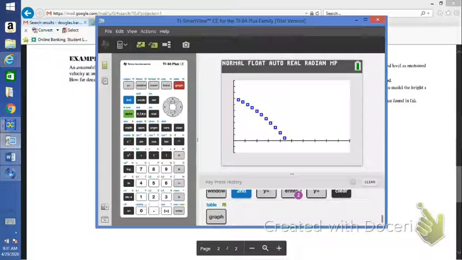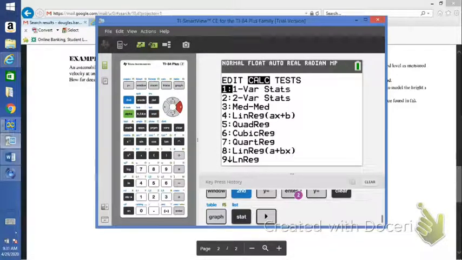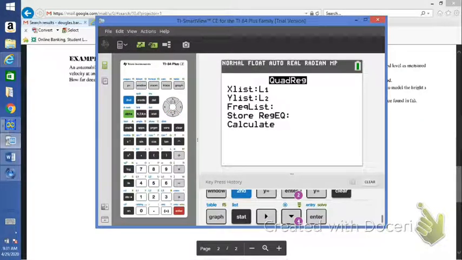So to do that, you're going to hit Stat, Calc, and then you're going to scroll down to number 5 where it says Quad Reg. Alright, so L1 and L2, we are good. Calculate.